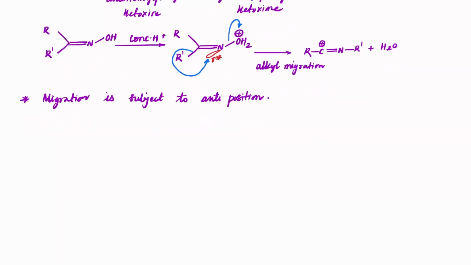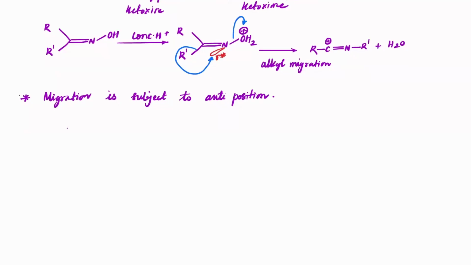And once we get this part, when you do hydrolysis, that is adding H2O, water would attack on the carbon position here, getting this as OH2, right? Sorry, C double bond N and R dash.